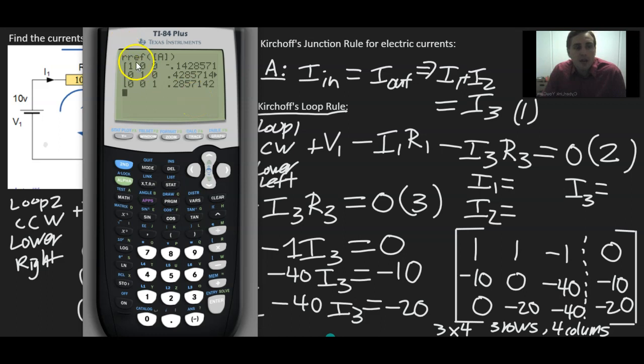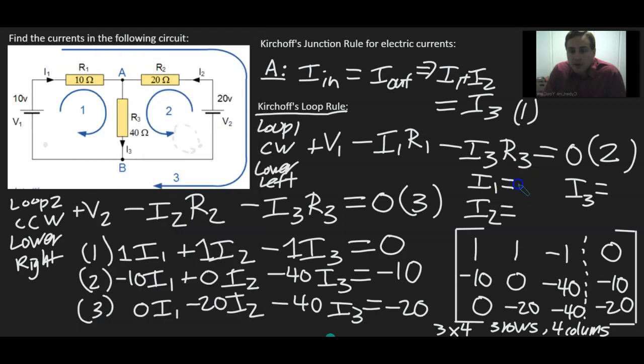So notice that 1s on the main diagonal means I1, I2, and I3 are all solved for. So I1 is -0.143.